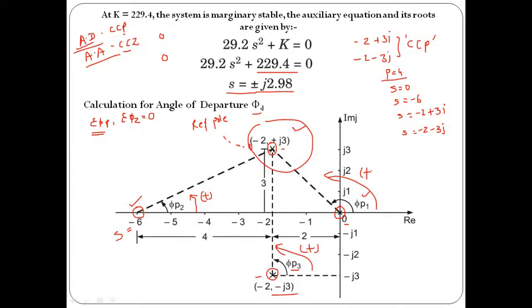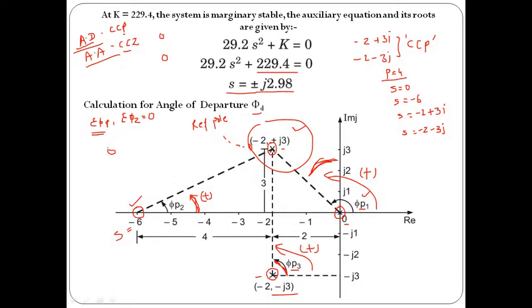So if you apply this logic, let us try to calculate the value of phi p1. So phi p1 will be 90 plus this particular angle. In the same way, this is going to be another angle, and this is going to be exactly 90 degrees, phi p3. So if you try to calculate the value of phi p2, it will be tan inverse of opposite by base.